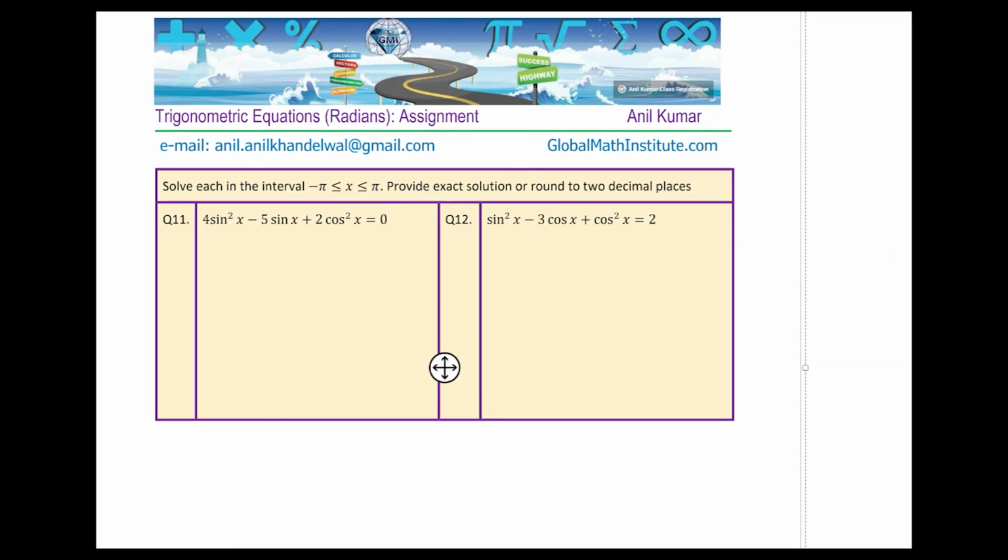We are almost at the end, two more questions to go, rather four. We'll continue with solving equations within the interval minus pi to plus pi, and this time the equation is 4 sine square x minus 5 sine x plus 2 cos square x equals 0. Now to write it in quadratic form, I'll write cos square x in terms of sine, correct? So we'll simplify this first.